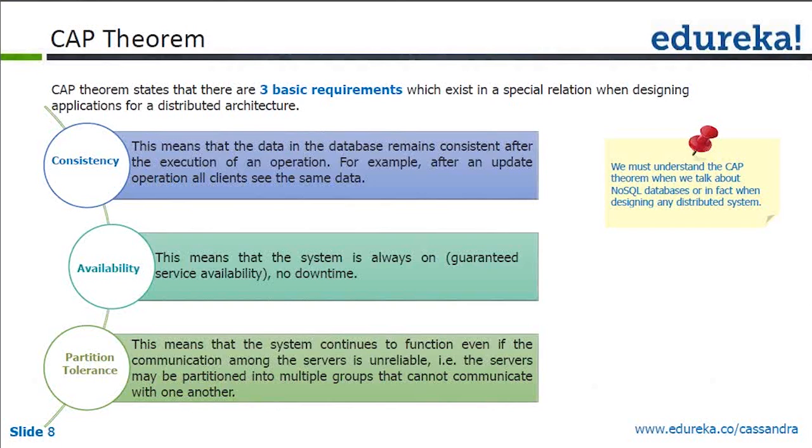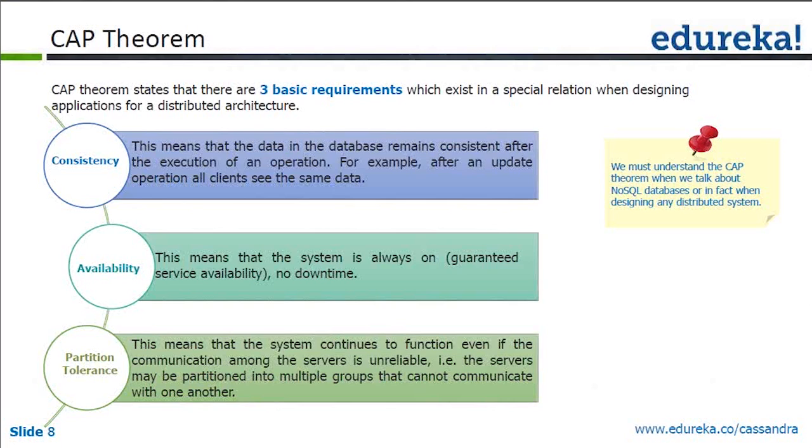And then partition tolerance. With respect to partition tolerance, we are seeing that databases are distributed geographically. You may have a cluster with some 10 instances, distributed across the globe. So there is a possibility that there is a network outage, right? Or even if you have 5 instances in a single country in 5 different places, there is a possibility of a network outage.